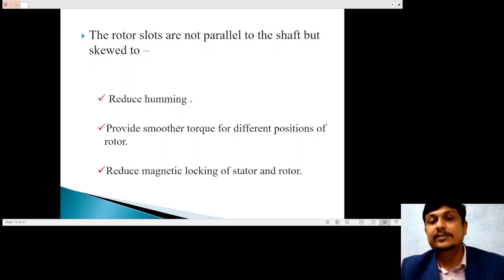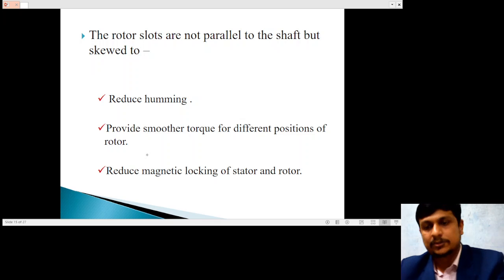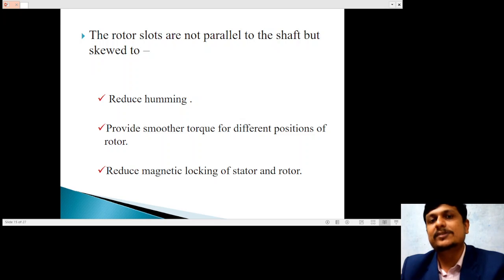Second advantage, it provides a smoother torque for different positions of the rotor. And third, this prevents magnetic interlocking between the stator and rotor. So these are the advantages of skewed slots, and this is an important question for examination. Generally asked: what are the advantages of skewed slots?